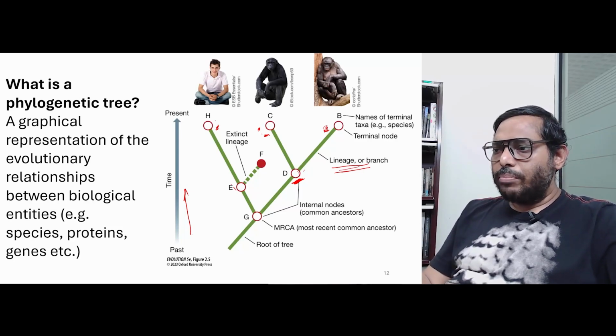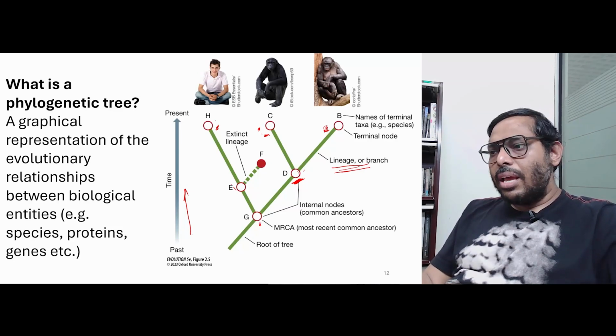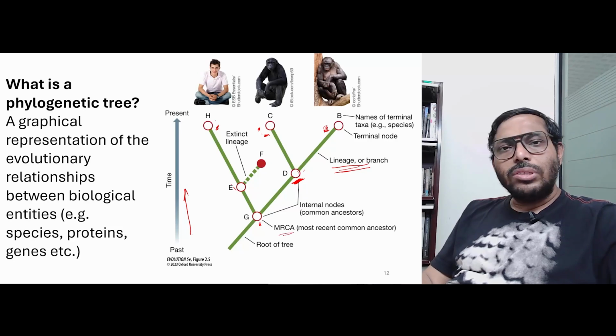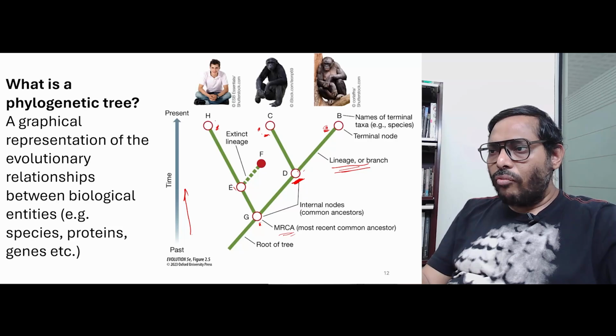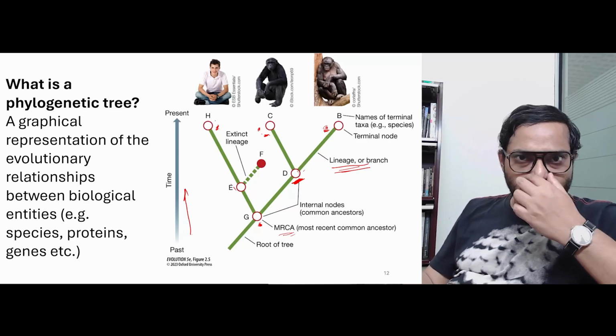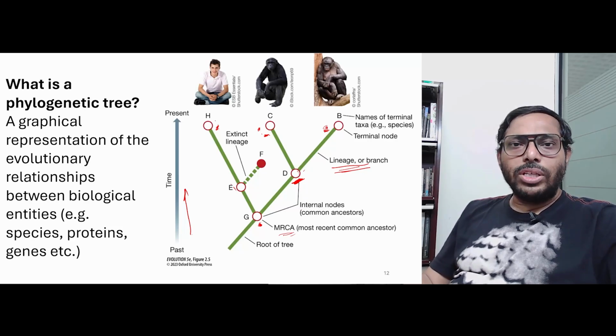Now, this relationship is also showing that this common ancestor of chimpanzees and bonobos itself arises from another ancestor known as G, and this G is what is known as the most recent common ancestor for this particular group. So, for all the three species that I have, this G is the most recent common ancestor, and this green thing over here is what is known as the root.